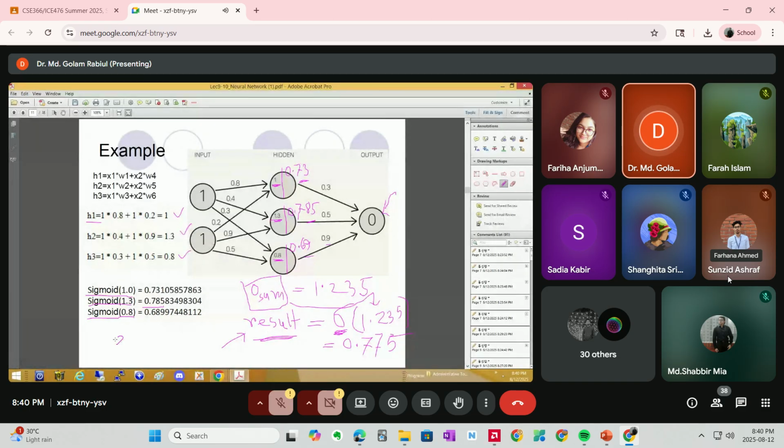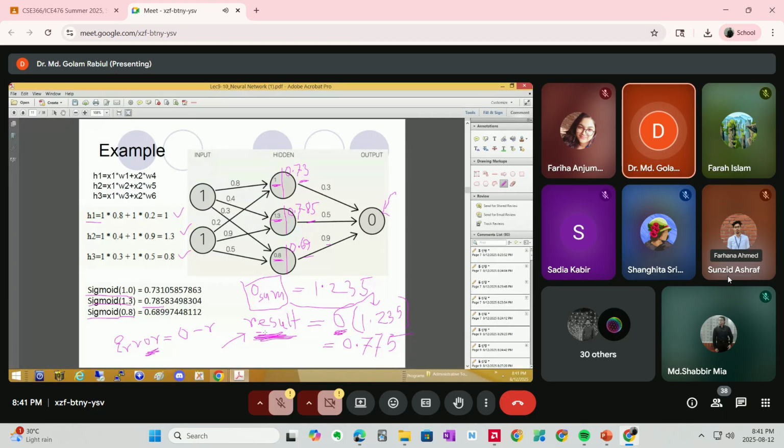And how do we calculate the error? The error is the original value minus the predicted result. So if we can change the result, the error will also change.